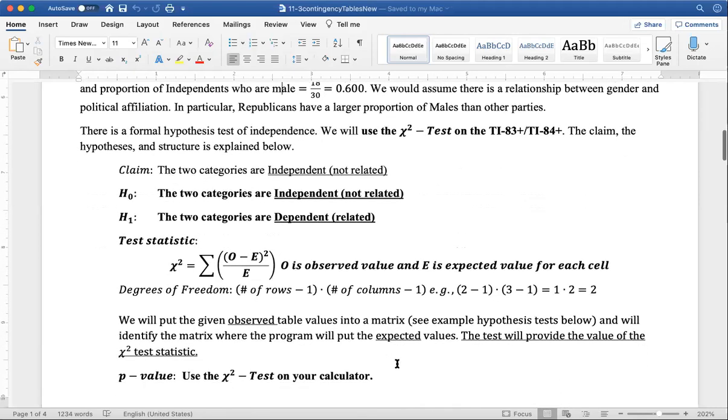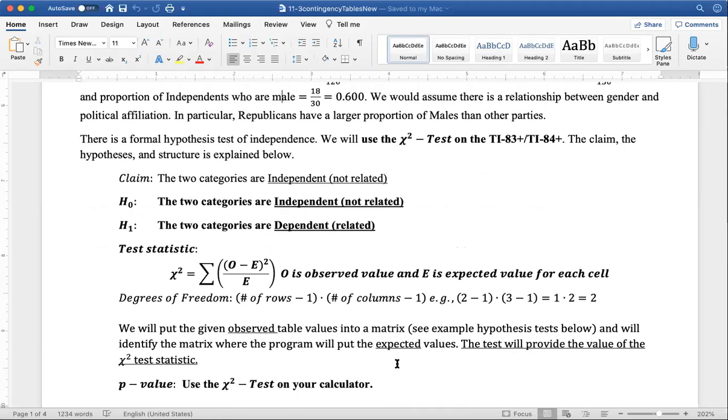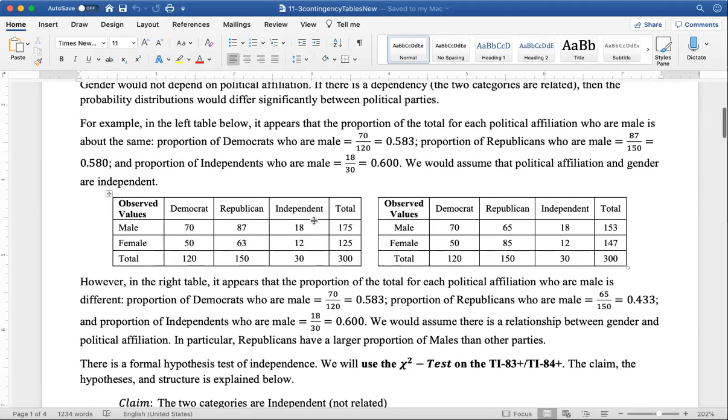So our test statistic, and you will not have to know this, is a chi-squared test statistic, obviously, because we're calling this a chi-squared test of independence. It looks like this. I'll briefly discuss it, but you will not have to know what the formula is here. Basically, the test is looking at what was observed, what was in the original matrix, the rows and columns that make up the table, not including the totals. You do not include the totals here, okay?